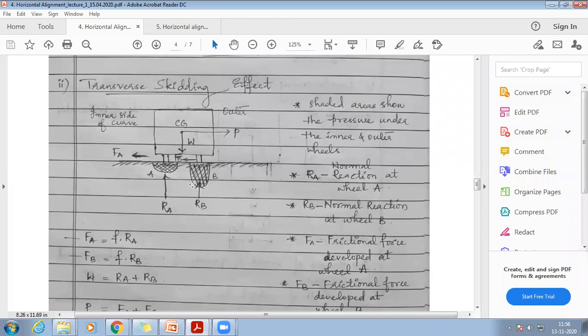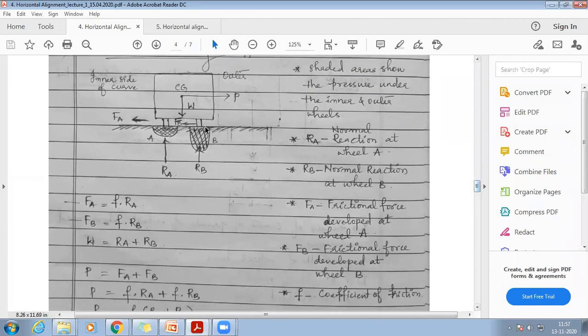It shows the pressure of the wheels along the inner and the outer wheels. You can see this is the outer side of the curve, so the outer wheel of the vehicle has a very high pressure compared to that of wheel A. So that's what is meant.